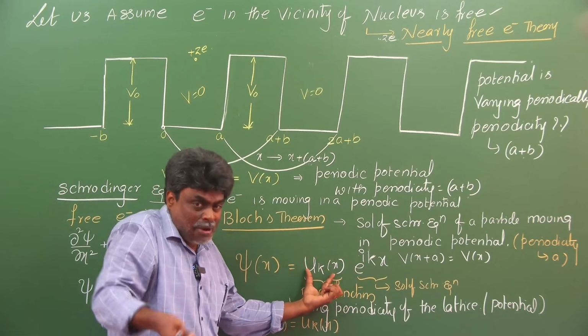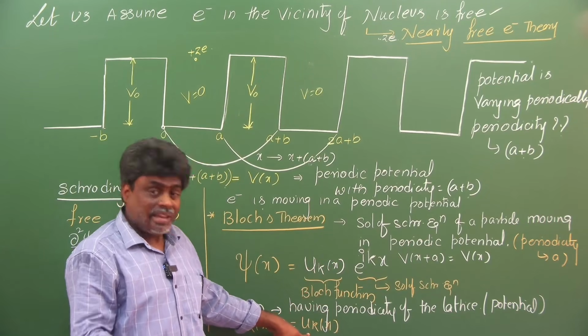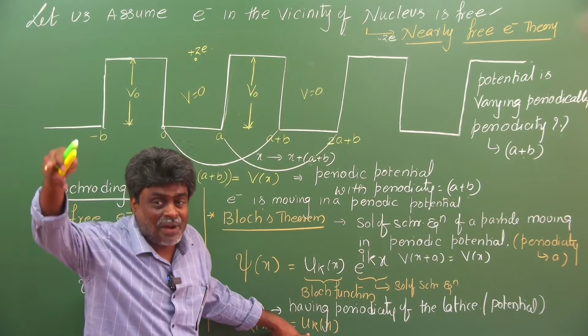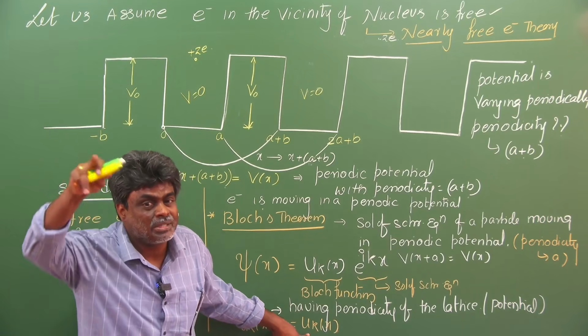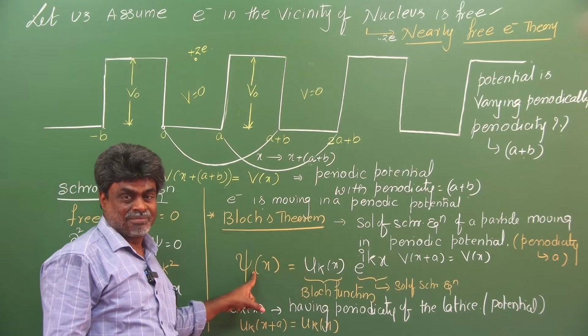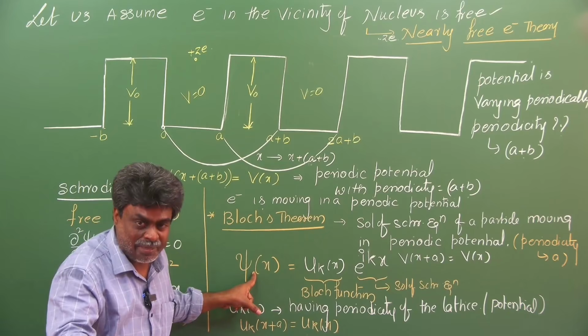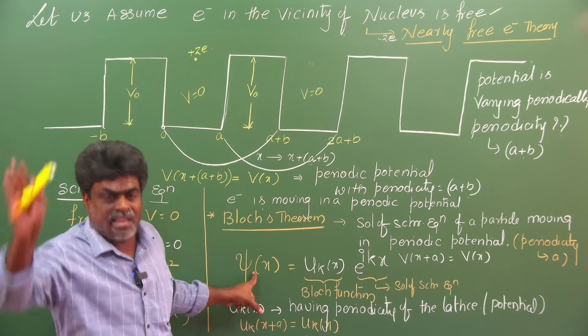This is having periodic property. Again it is coming uk of x into e raised to i k x into e raised to i k a. But what is uk of x into e raised to i k x? Your ψ of x. Finally what happened? ψ of x plus a equal to ψ of x into e raised to i k a.